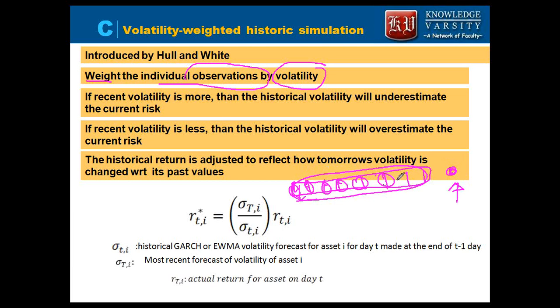Let's say when these returns occurred, the volatility at that time was low, and the volatility at the recent time has increased. Since the volatility was low, these returns would underestimate the risk, because these returns would not change over the days.